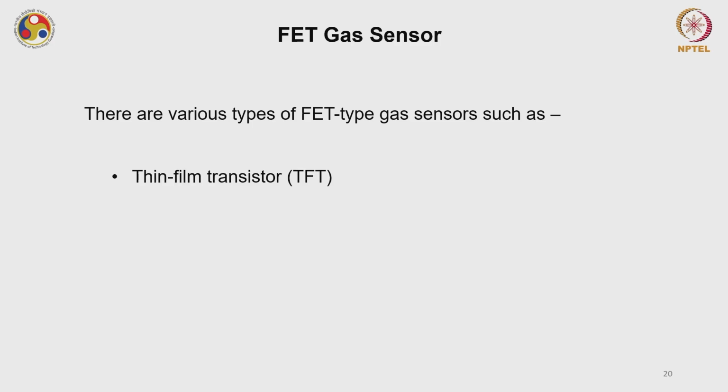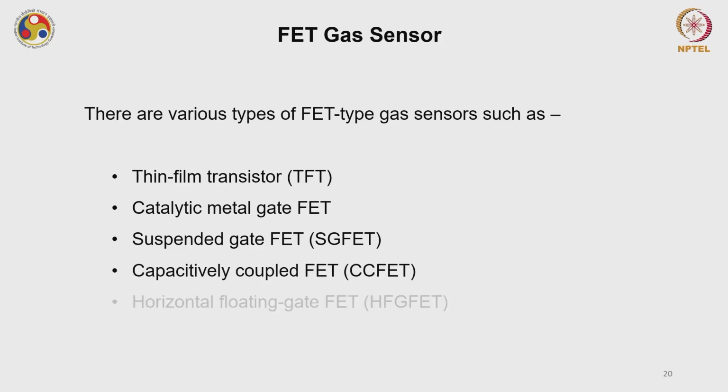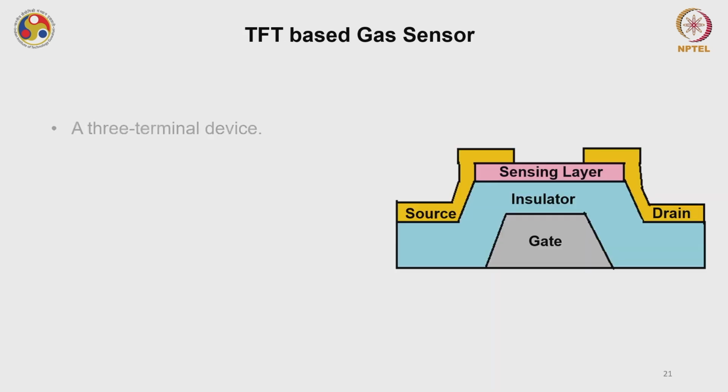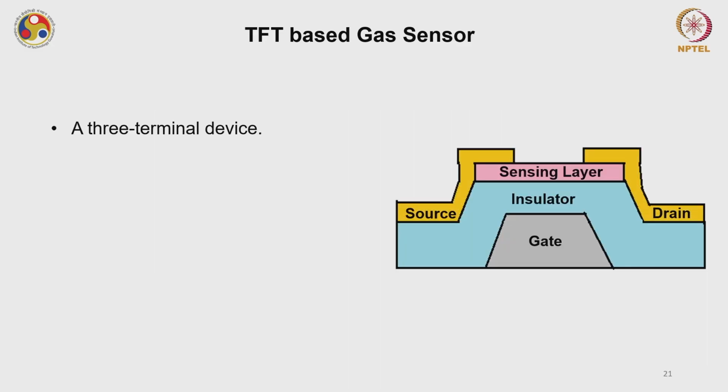For example, a simple thin film transistor, catalytic metal gate field effect transistors, then there are other variations like suspended gate FETs, capacitively coupled FETs, horizontally floating gate FETs, and so on. You have a number of FET modifications available for the sensing application.